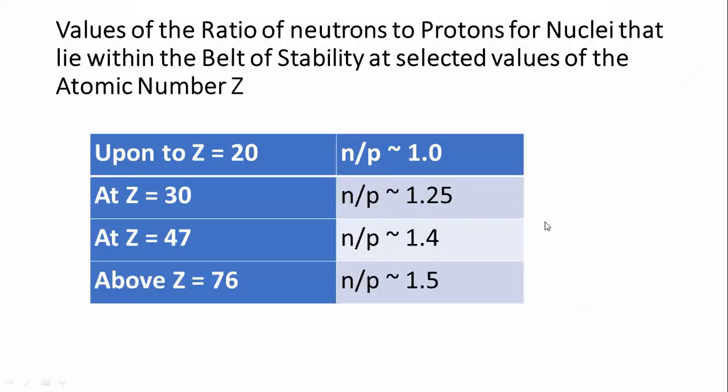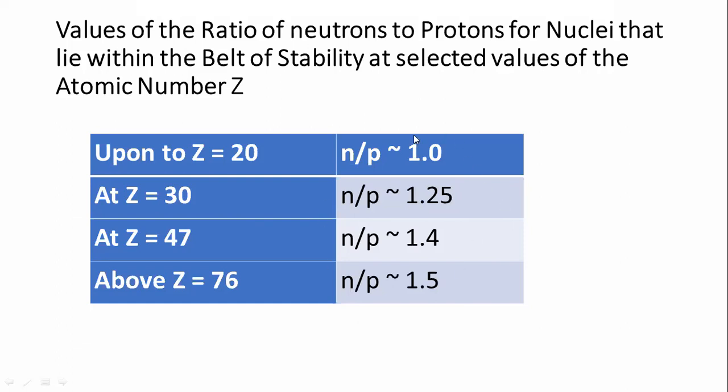So this is the graph, and what is important over here is that up to atomic number 20, the neutron proton ratio is 1, and for 21 to 30, the ratio between neutron and proton is 1.25. That means 1 proton equals about 1.25 neutrons.